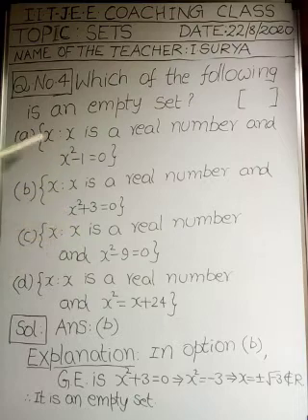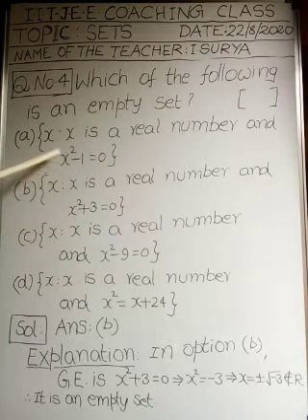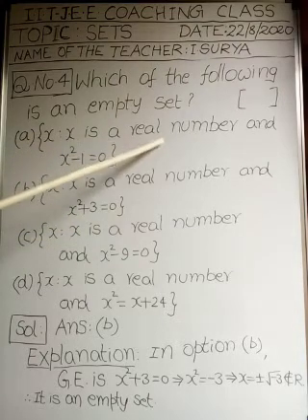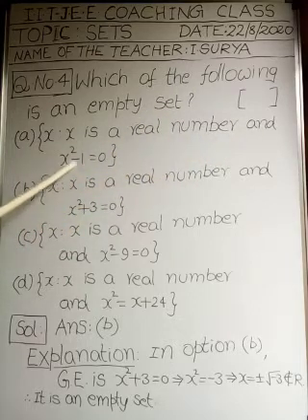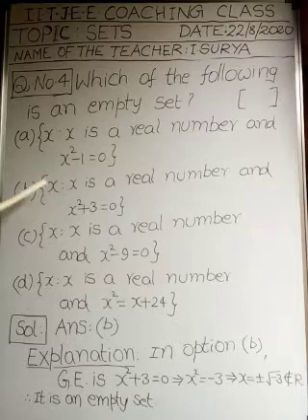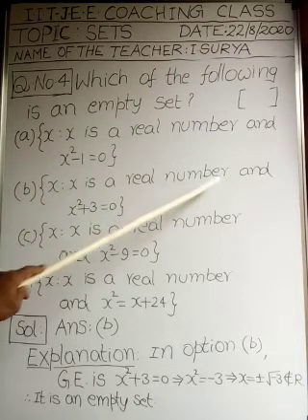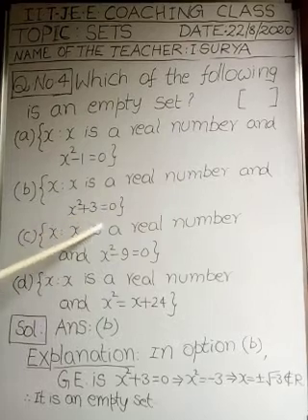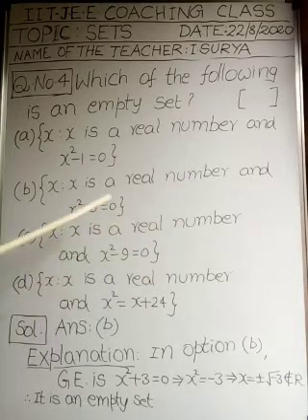Okay, my dear children, set of all x such that x is a real number and x square minus 1 is equal to 0. Second option, set of all x such that x is a real number and x square plus 3 is equal to 0.